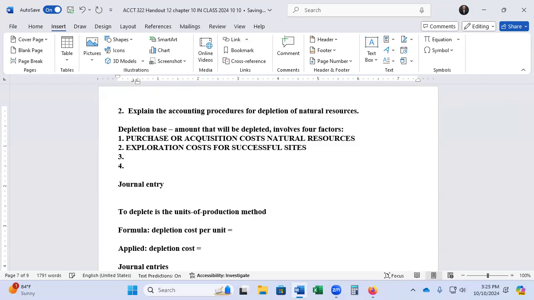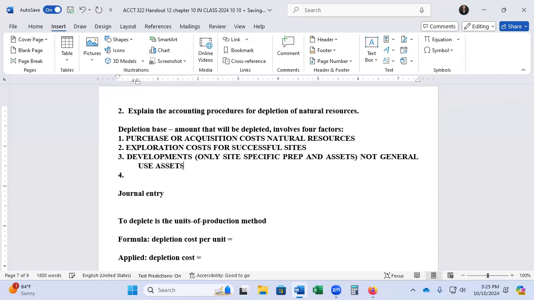Right? Number three, development costs. Only site-specific prep and assets. Not general use assets that can be moved.